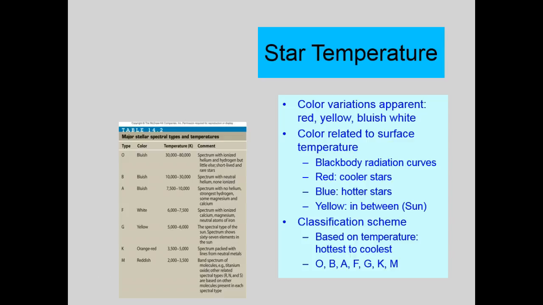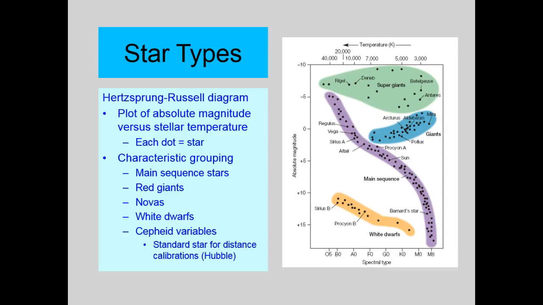So you don't need to know all that. Basically, that we're yellow, average to cool. That's where our sun lives. All right, any questions on that? But the star temperature is important, okay, and we'll see why in a minute.